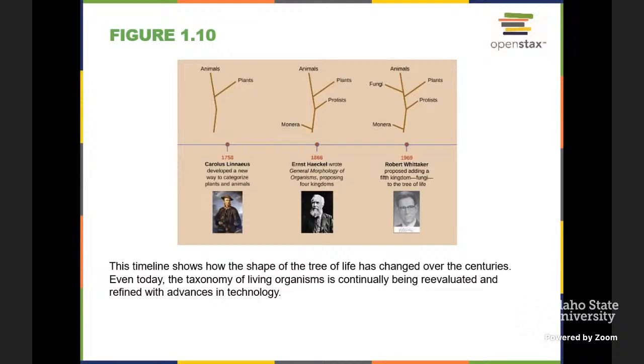We need a new drawer, all right? The fungi get added into the mix, and now we start truly thinking the 5 kingdoms of life, all right? Plants and animals, fungi, the protists, and our prokaryotic organisms, the bacteria, or the monerans, all right?